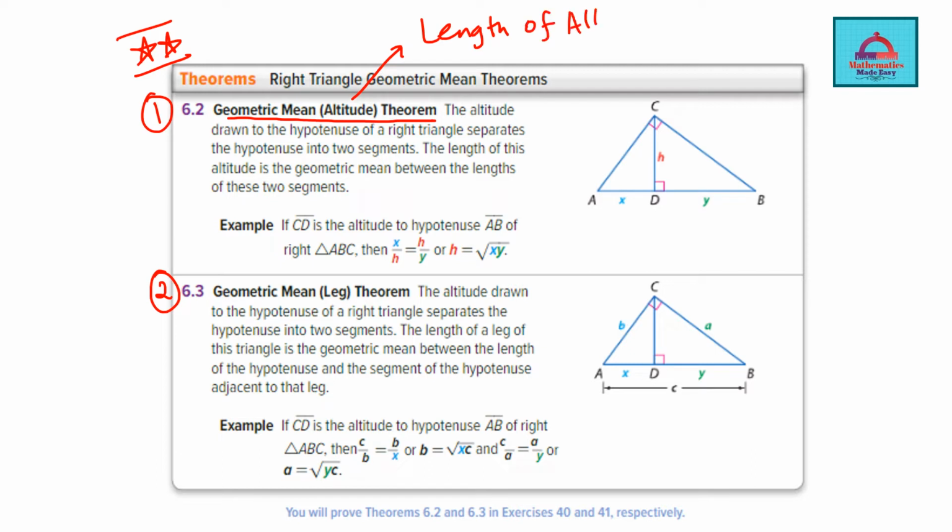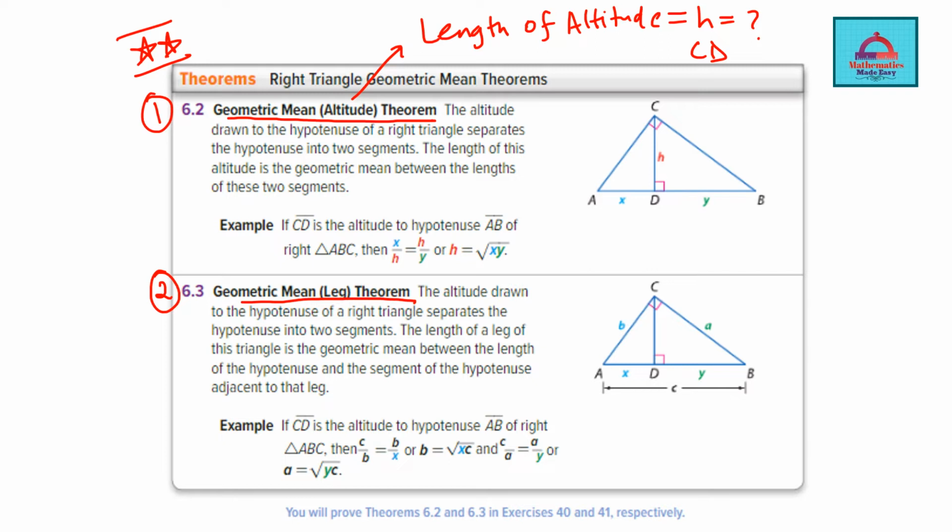If h is asked in the question, this h which is CD here, the altitude, and it's not given to you and you have to find h, then you will use the geometric mean altitude theorem. And if you have to find the legs, the length of a and b, these two sides, then you are going to use the geometric mean leg theorem.